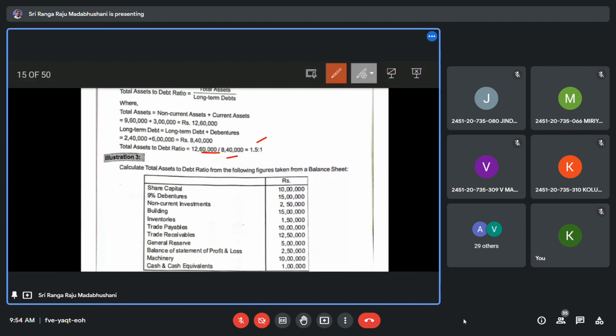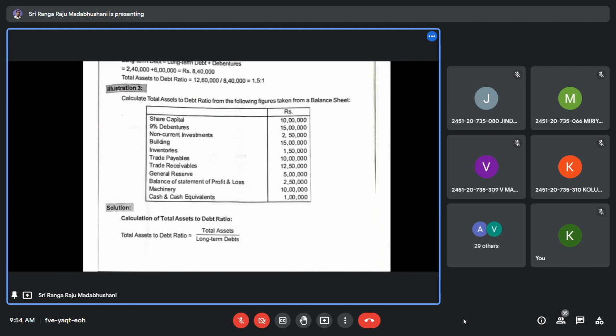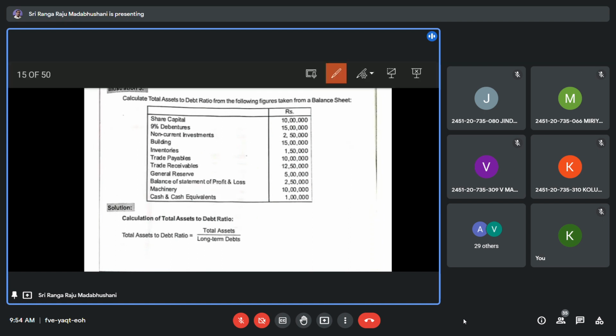The next one. Calculate total assets to debt ratio from the following information figures taken from the balance sheet.